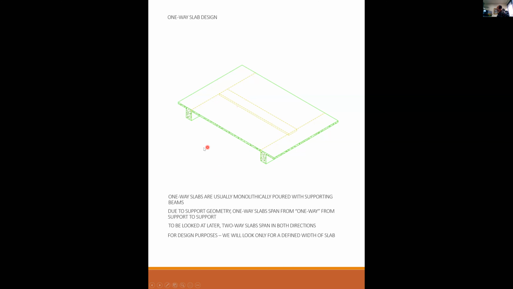And then we can design it as if we cut it out of the whole system and we just designed this little strip. So if we cut out a strip for design, what we now have is a shallow, wide, singly reinforced rectangular beam. Again, we've taken something that is somewhat complicated and reduced it to something more simple.